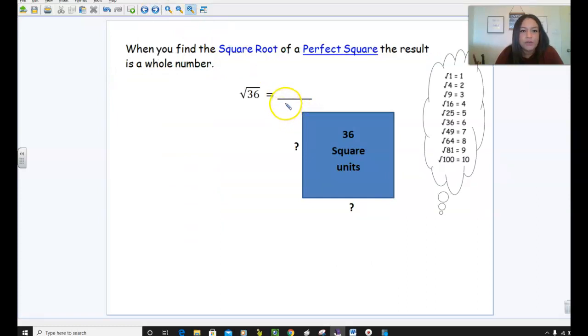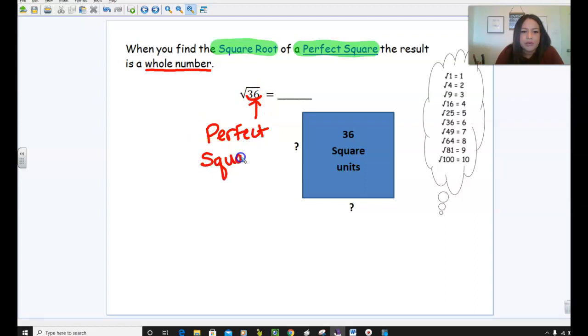When you find the square root of a perfect square, what do I mean by a perfect square? Those are the squares that are easy to find the square roots of because the square root turns out to be a whole number. For example, the number 36 we call a perfect square.